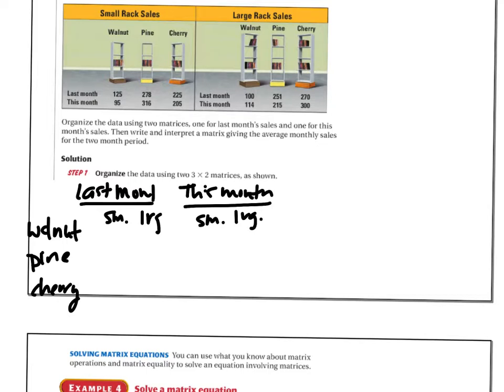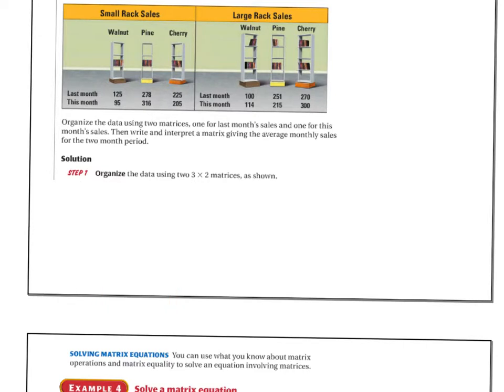So let's go ahead and construct our matrices. And we look at the information above. Last month, for a small walnut cabinet, we sold 125 of those. So go ahead and put that in as your first element in the first row, first column. Then we look over to the large.